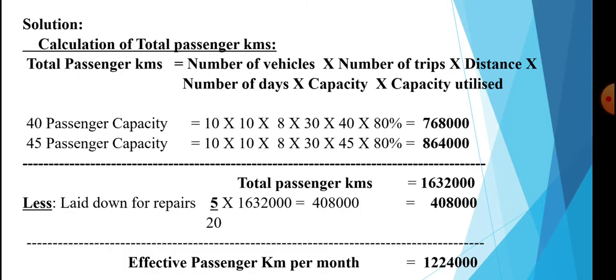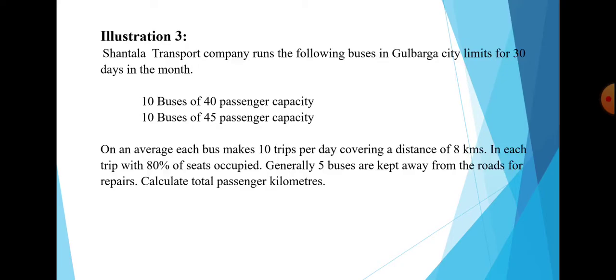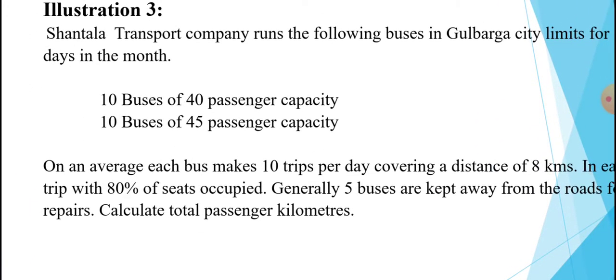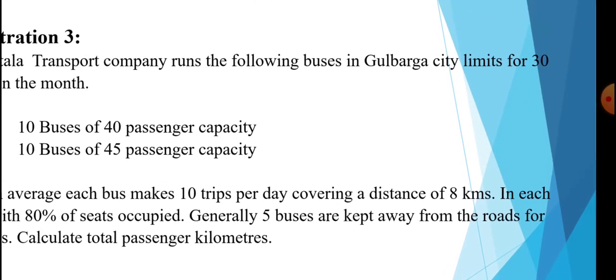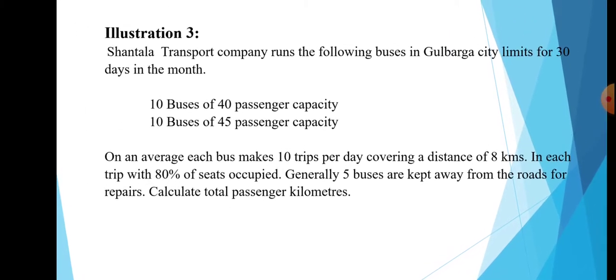For 45 passenger capacity, we have the information. There are 10 buses, 10 trips, 8 kilometers is the distance, 30 is the days, capacity is 45 and capacity utilized is 80%.